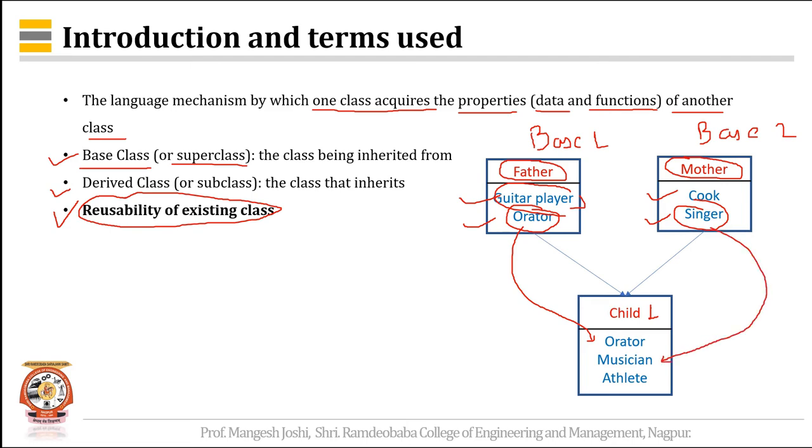He is a good singer also, and a guitar player also. And the third property, athlete: he is a good athlete. So this is his own property. It is not acquired from the base class. So using inheritance, you can also extend the properties of existing classes.